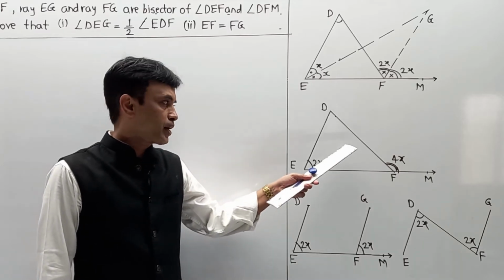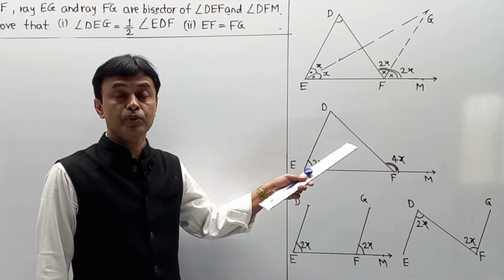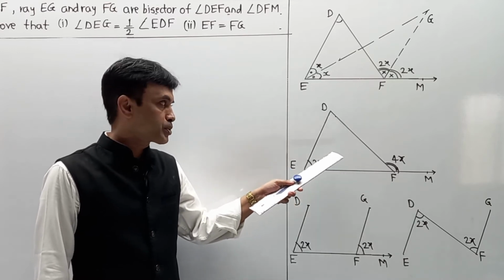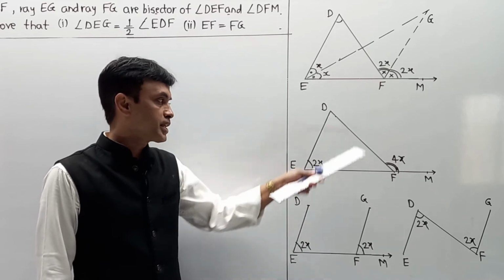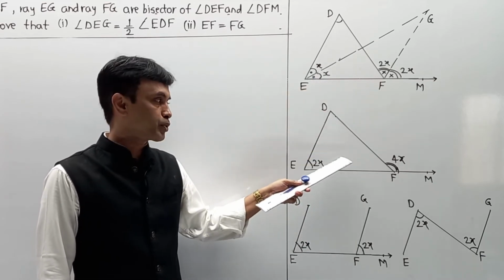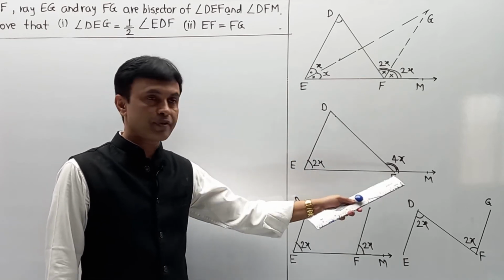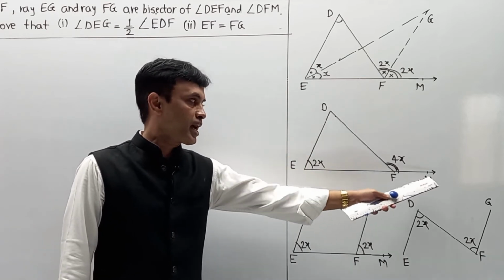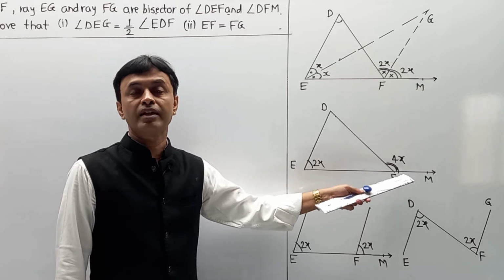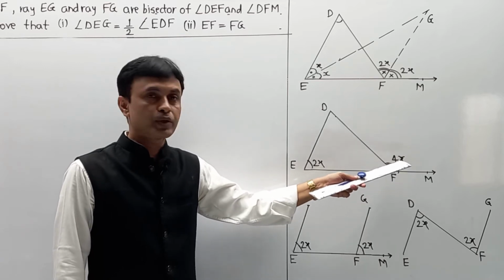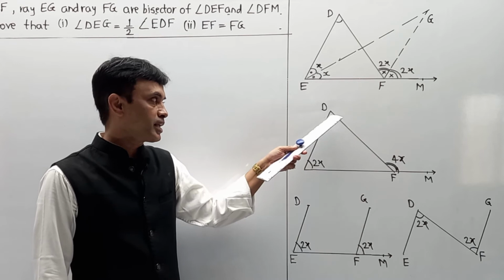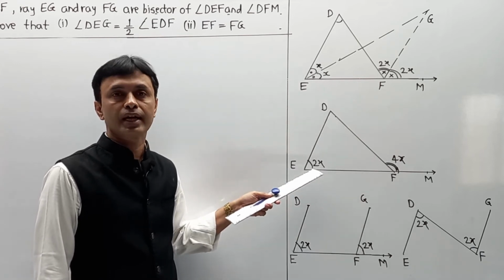Now we have come up to this part so that we can prove the rest of the numerical. Observe this triangle carefully. From all this calculation we have reached the middle position. In triangle DEF, angle DFM is an exterior angle which is 4x, and we know that the value of an exterior angle is the sum of two remote interior angles.